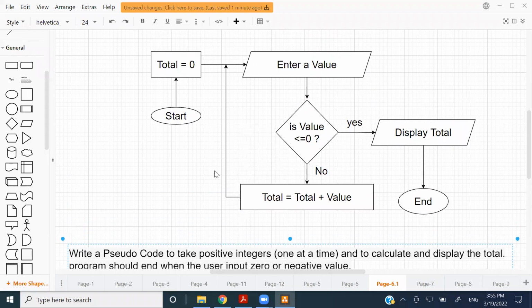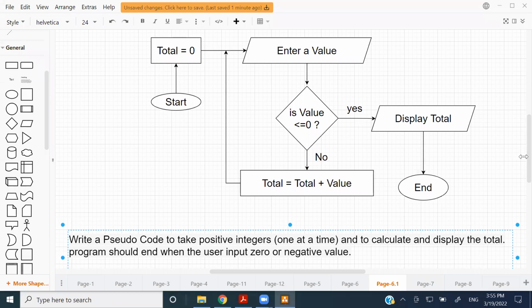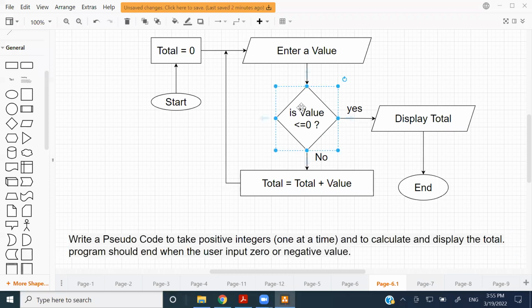Right, so you can see the flow chart over here. So by looking at it, you can write the pseudocode. And this is also iterating on the no path. I want you to write this by using the while. So that means your condition is going to change into its opposite, right? So I'll give you 3 minutes. It's a small one. So try to complete it, people, as quickly as possible.